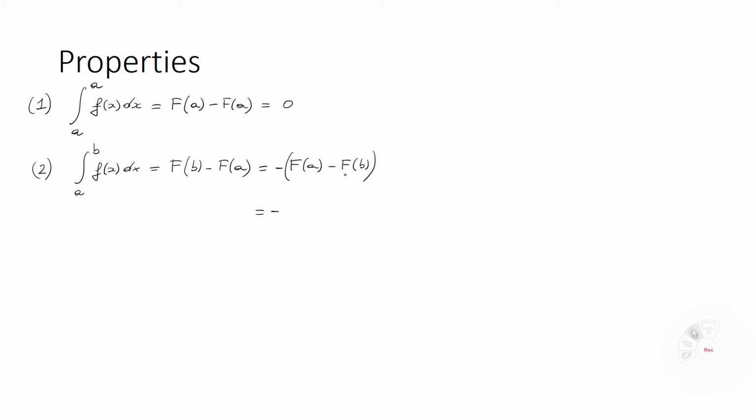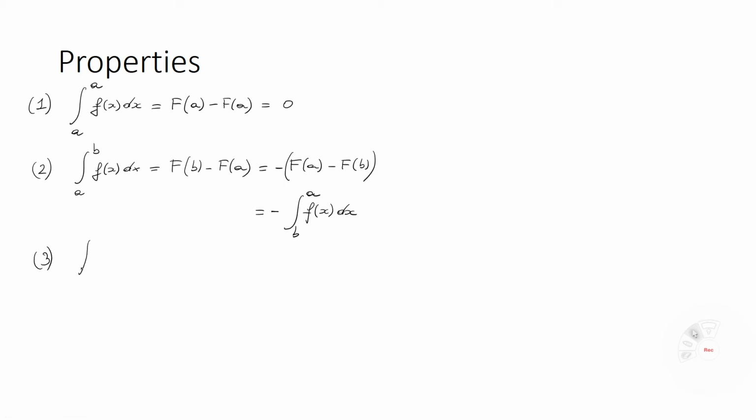And then what we have inside the brackets, that's also an integral. That's the integral from b to a. So if you switch the upper and the lower bound, then you get the integral with a different sign.